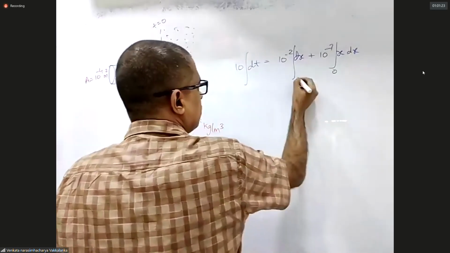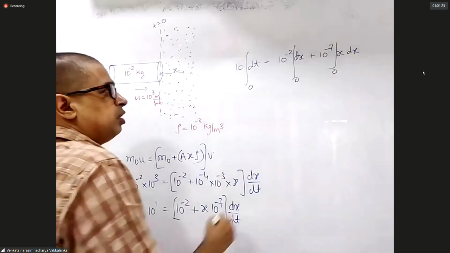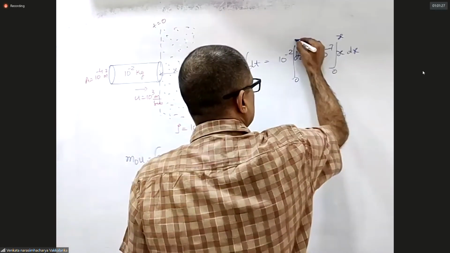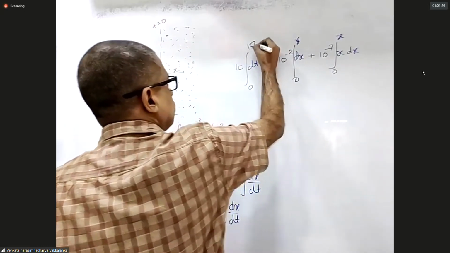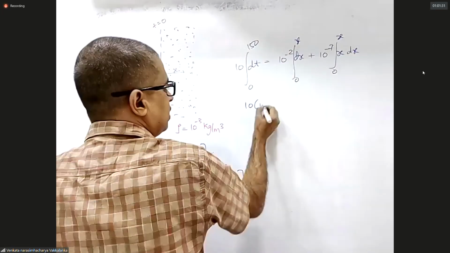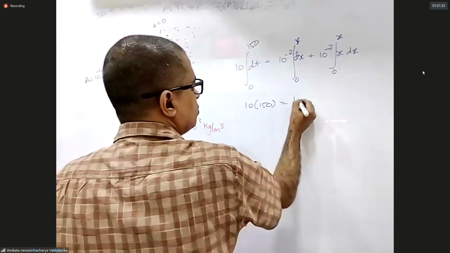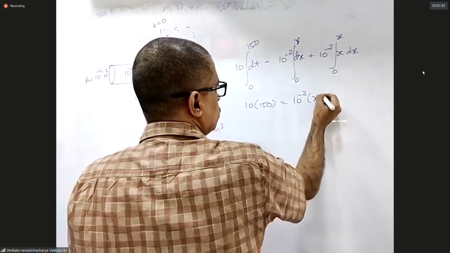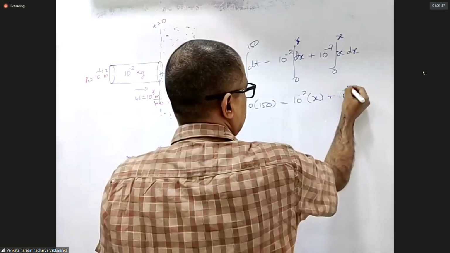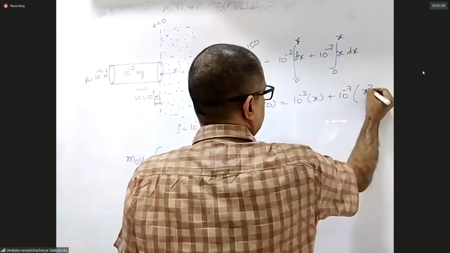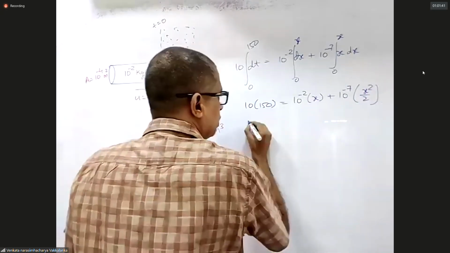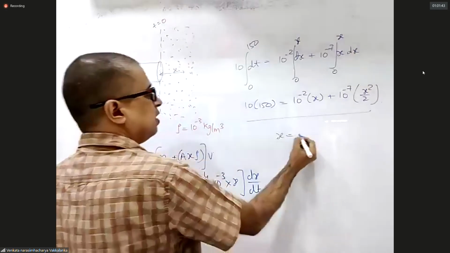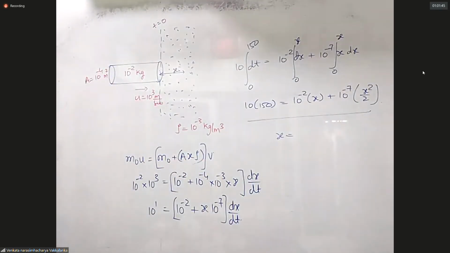At x equal to 0, time was 0. At x equal to x, I want 150 seconds. 10 into 150 is 10 raised to minus 2 into x plus 10 raised to minus 7 into x square by 2. This is a quadratic equation in x. Solving that should not be difficult for you. Answer given is 10 raised to 5 meters.